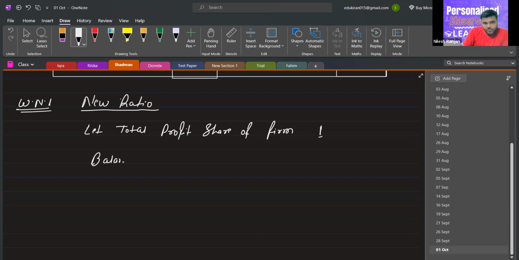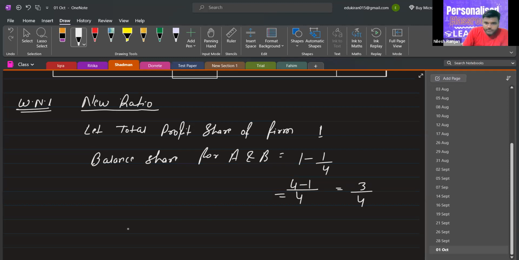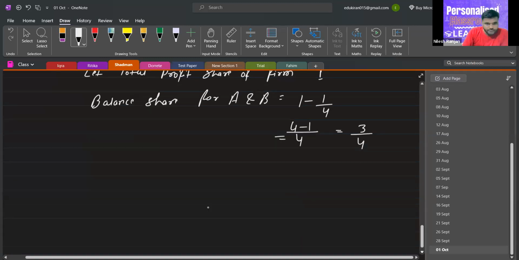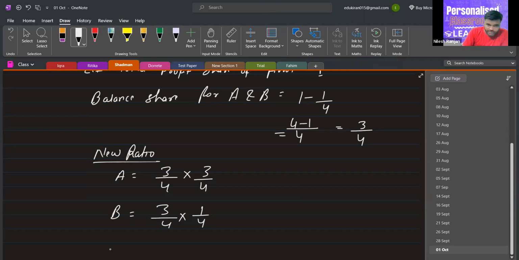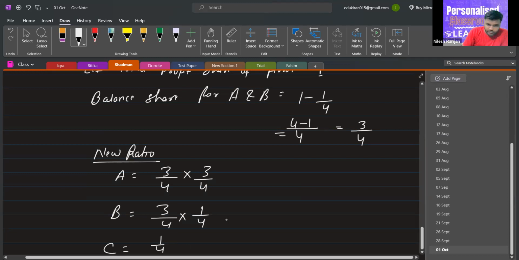Now the balance for A and B will be 1 minus 1/4, that is 4 minus 1, 3/4. Now the new ratio. New ratio of A will be 3/4 into 3/4. For B, it is 3/4 into 1/4. And for C, it is 1/4.